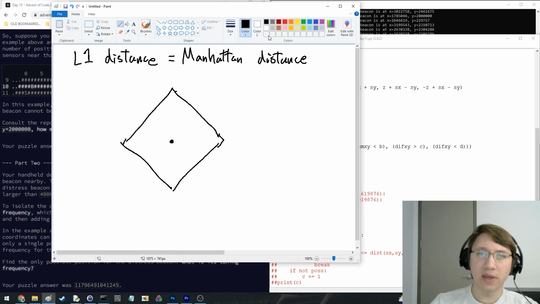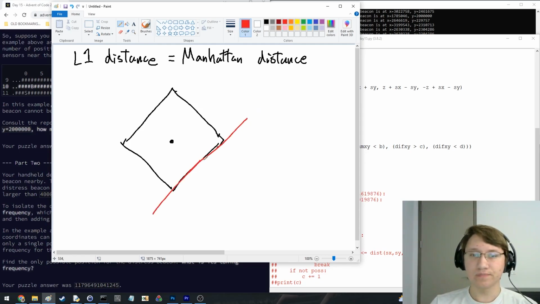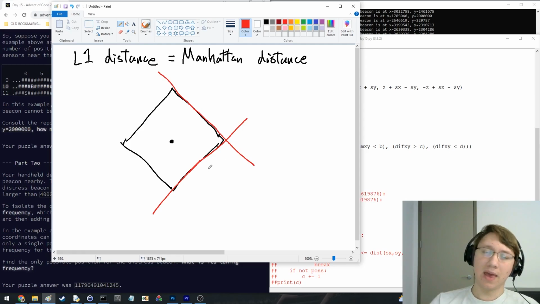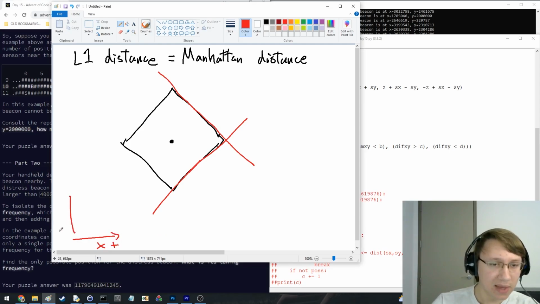But one nice thing you can do here is these are always going to be diagonals. They're always going to be main diagonals and off diagonals, is what I call them. And you can uniquely describe a diagonal by an equation. We'll make this x plus in this direction, and this y plus in this direction.